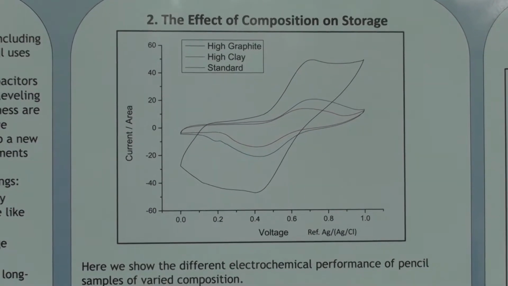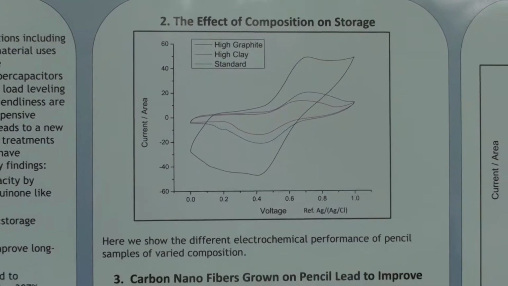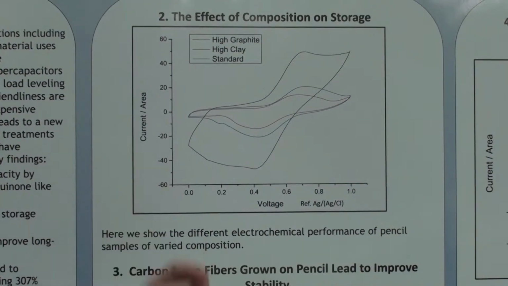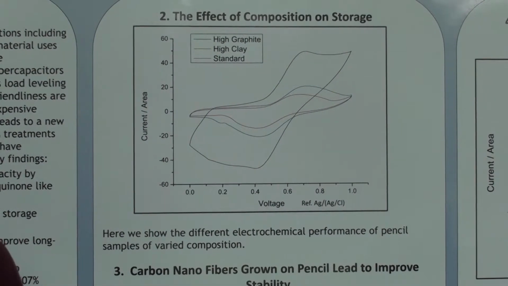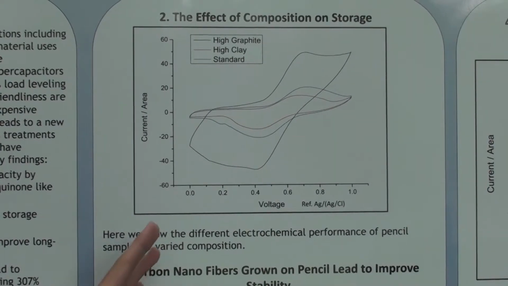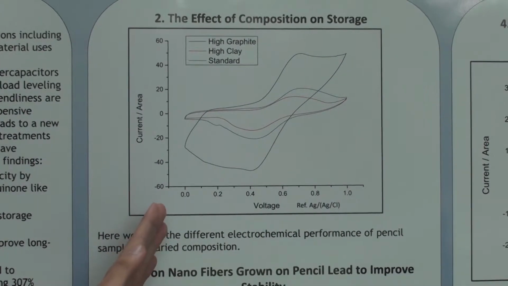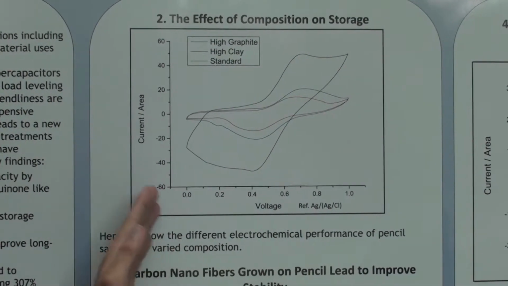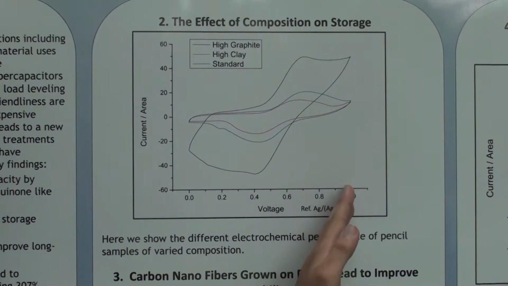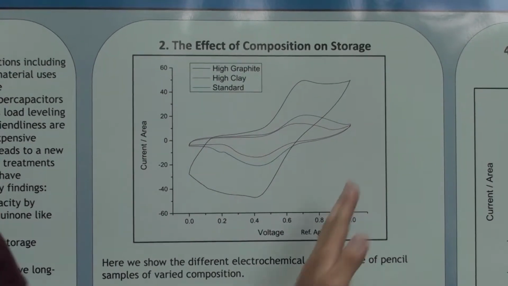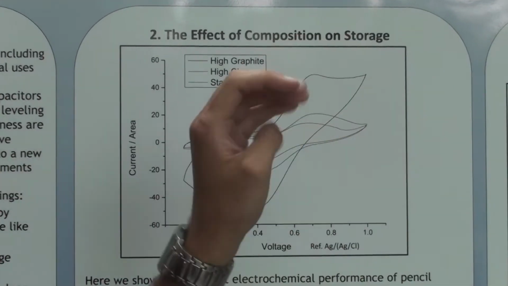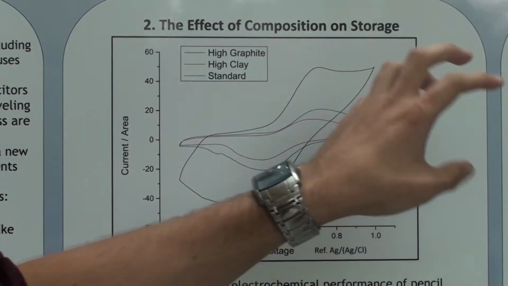And a quick explanation of CV curves: it stands for cyclic voltammetry. And what we're doing here is we sweep from 0 to 1 volts. And we do that because if you go higher than 1 volt, you'll split water and get noise in your data.